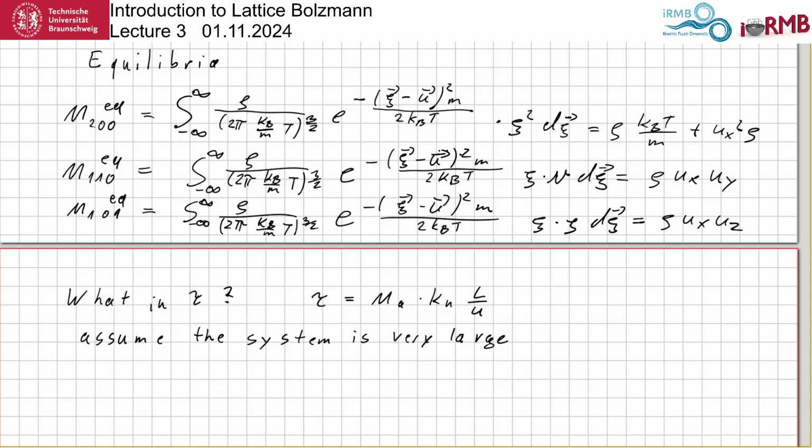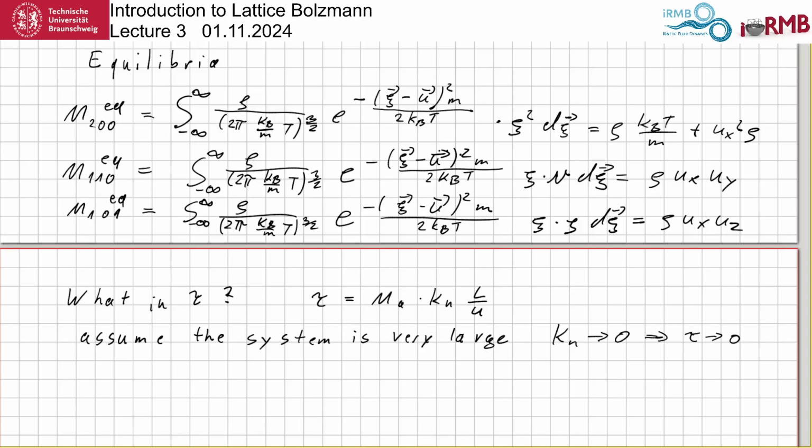So assume the system is very large. When the system is very large, the mean free path compared to the size of the system is very small, and then the Knudsen number is going to 0. Because the Knudsen number is in there, we could now assume for the analysis here that tau is going to 0.